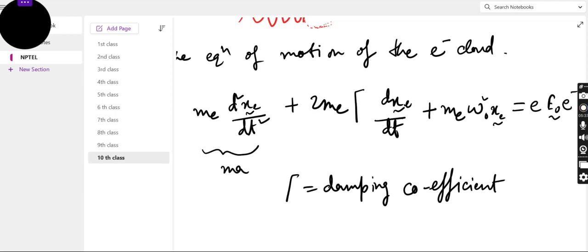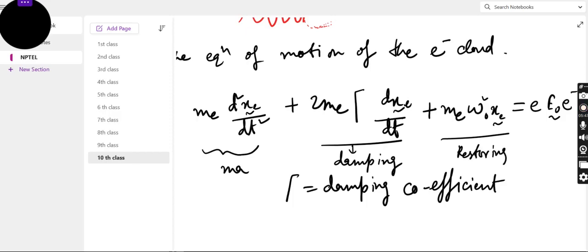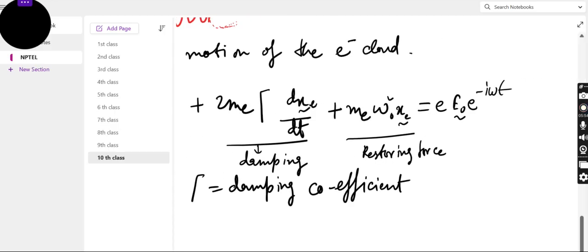This term is because of damping, and this is the restoring force. All this is sustained by the force from the light wave.